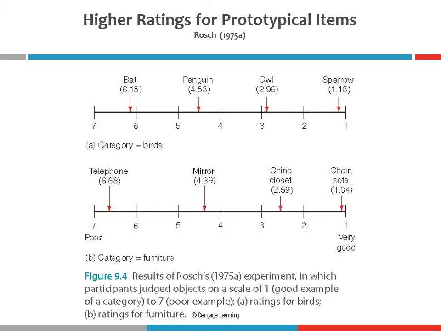Participants rated typicality on a scale from 1 to 7, where 1 means it's a very good, typical member of that category, and 7 means it's very atypical. She found that prototypical items were judged to be better examples of the category than items that were not prototypical, right?